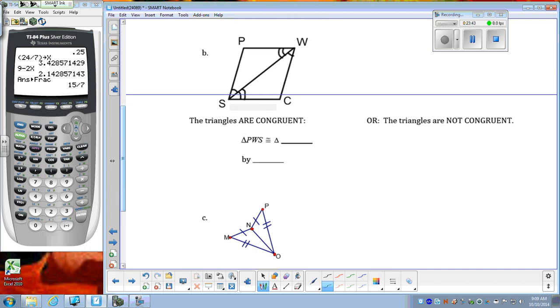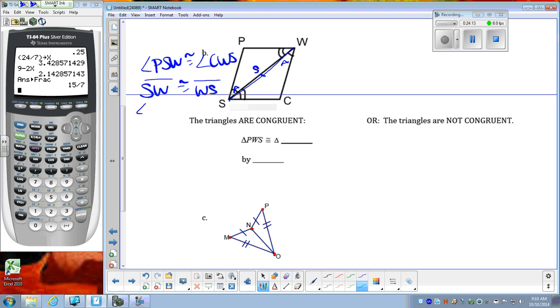Next one. I know angle PSW is congruent to angle CWS. I know that side SW is congruent to side WS because they're the same side, because both triangles use this side.